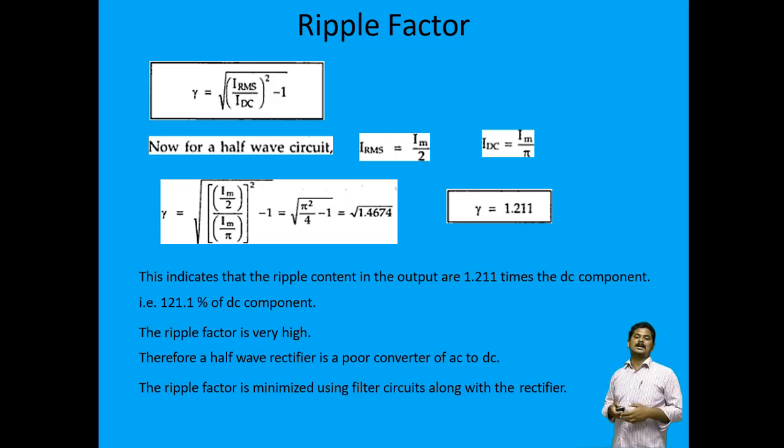This indicates that the ripple component of the output is 1.21 times the DC component, that is 121.1% of the DC component. Here the ripple factor is very high, therefore the half wave rectifier is a poor converter of AC to DC. This value can also be minimized with the help of the full wave rectifier and bridge rectifiers.